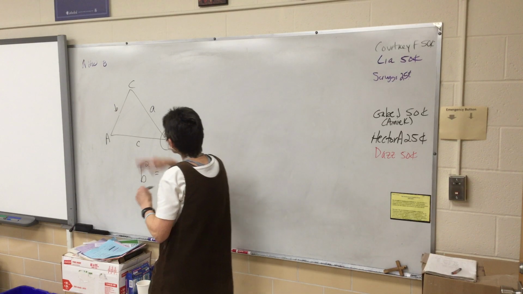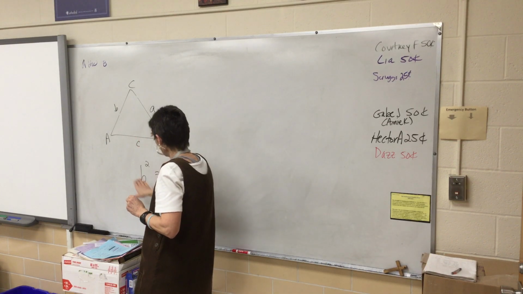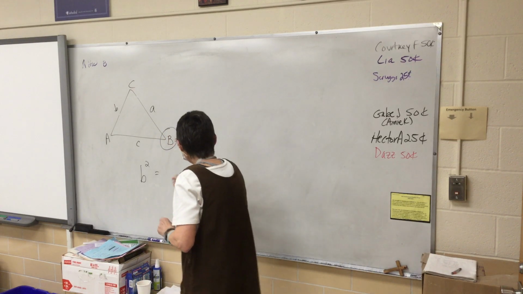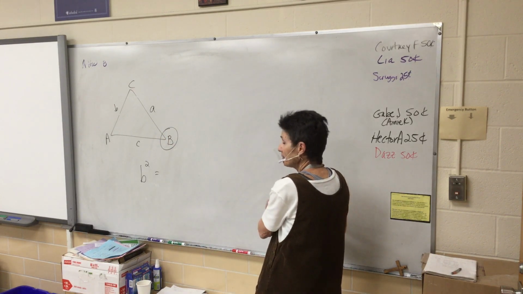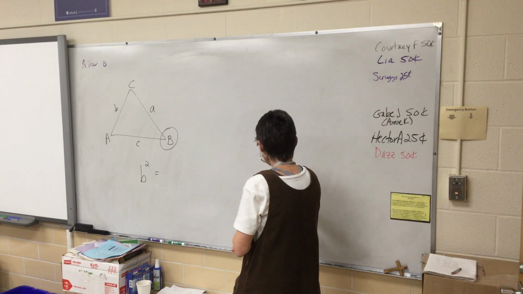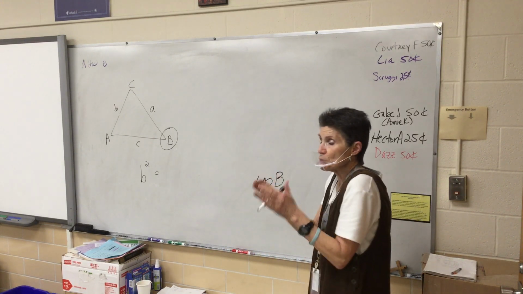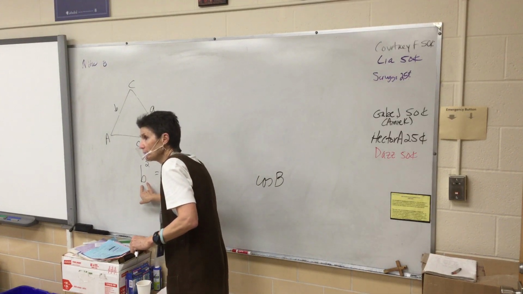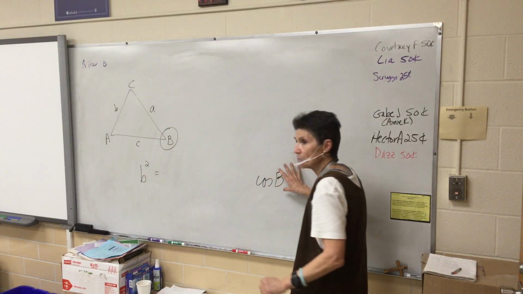Okay? If you were using angle C, the only thing over here would be C squared. And then at the other end of the problem is cosine B. So if you're using angle B, you got B squared over here, and on the end, you have cosine B.